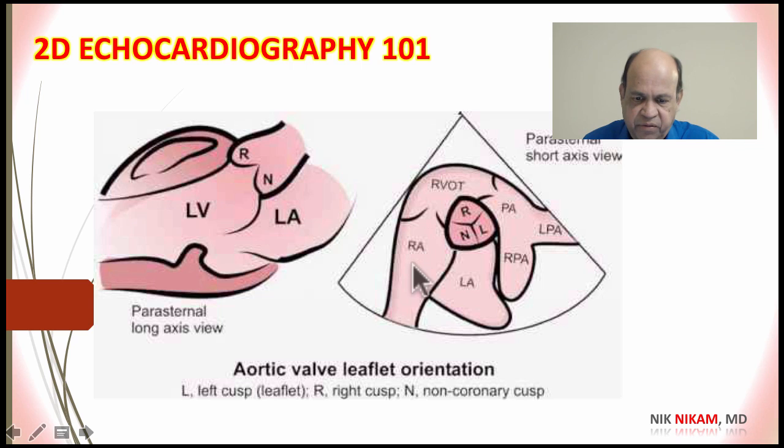To the left of that, we have the right atrium separated by the tricuspid valve from the right ventricular outflow tract, and from there we have the pulmonic valve, which opens into the pulmonary artery, which bifurcates into the right and the left pulmonary branches.